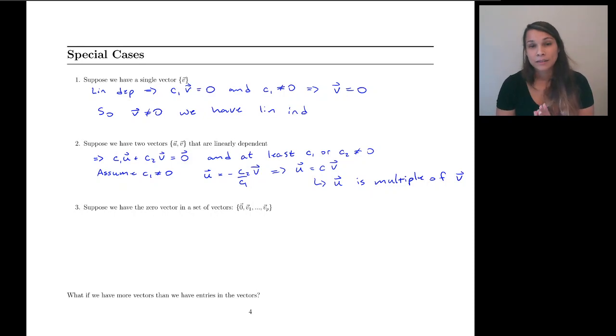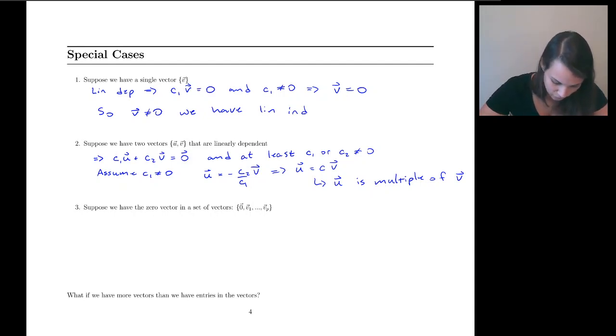All right, our next special case that we're going to think about is, let's say we've got multiple vectors and one of them is 0. What do we say about the linear independence for that? So I'm going to say, well, let's do 1 times 0, and then I'm going to make 0 the coefficient for everybody else.